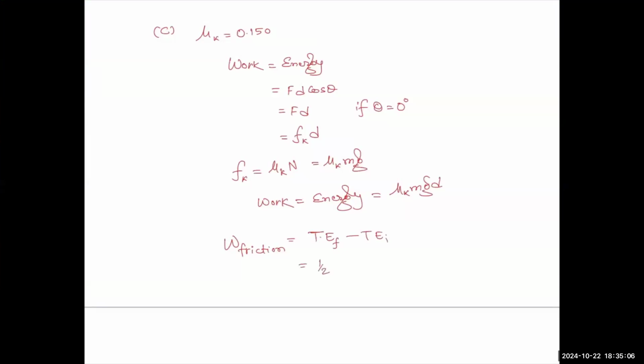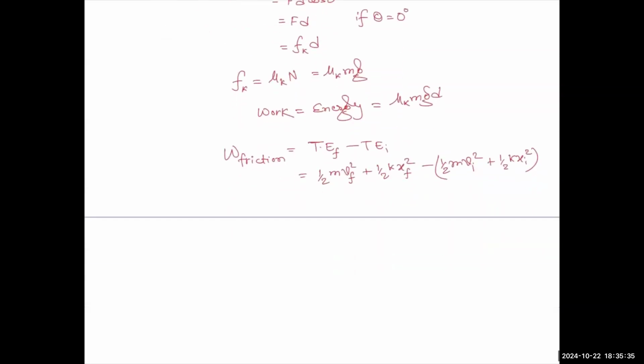It is half m vf squared plus half k xf squared. And what is my initial energy? Half m vi squared plus half k xi squared, right? It's so simple. And vi is 0, the initial velocity is 0.